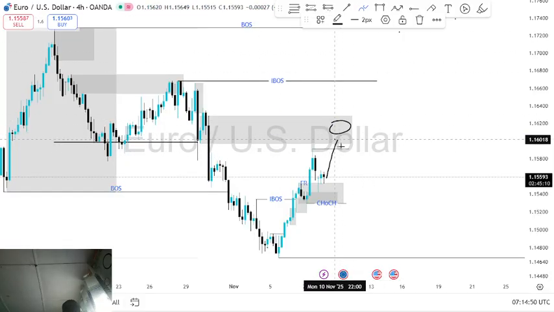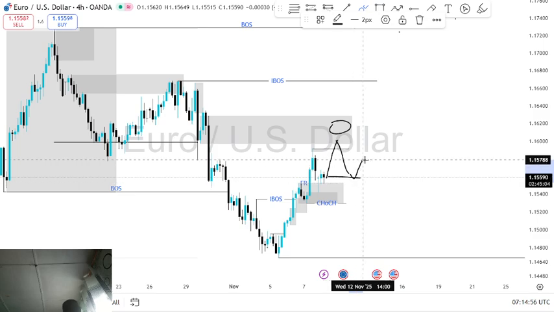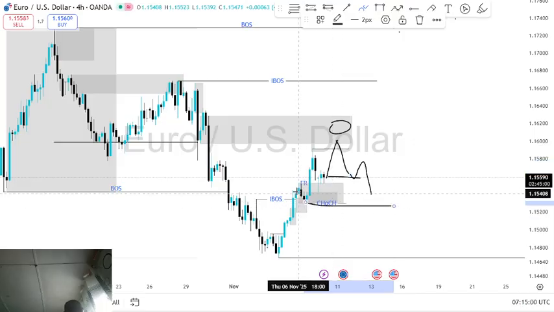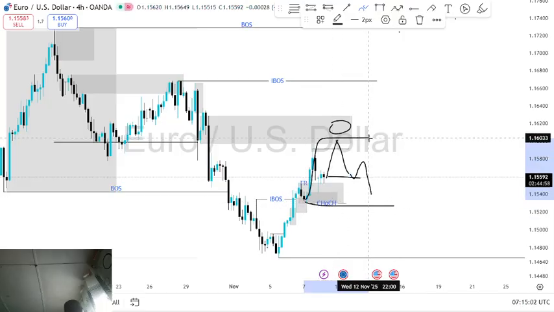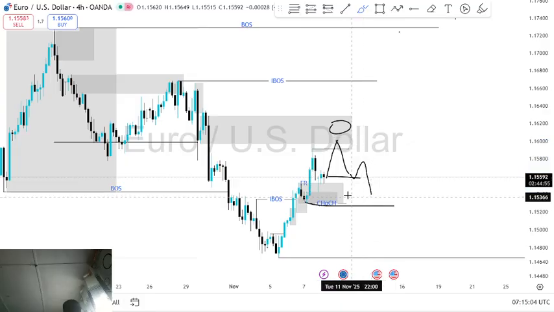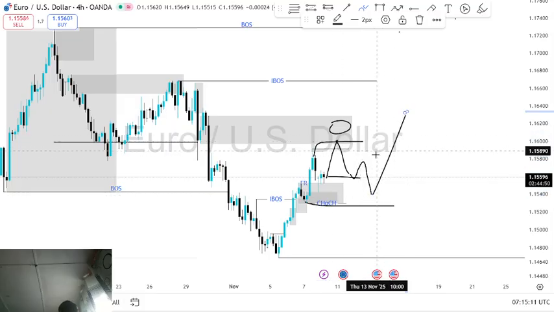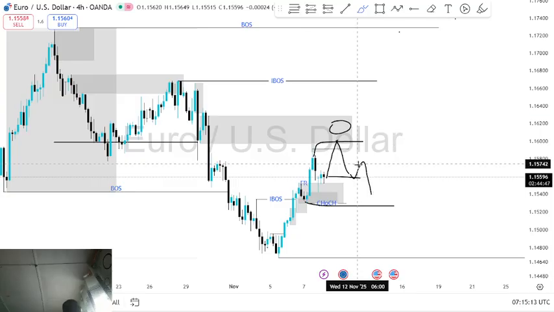And if we change character or we break a structure, we can be switching the range into, let's say, our main range here, right? We can be switching the range into our main range here, and we will continue the move.